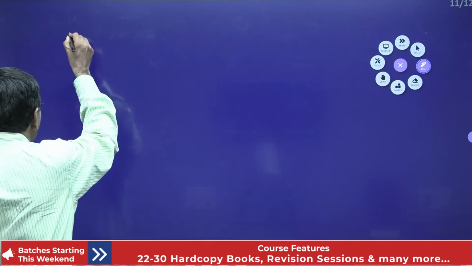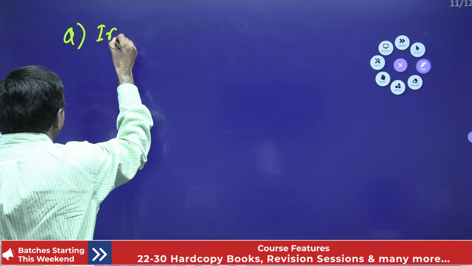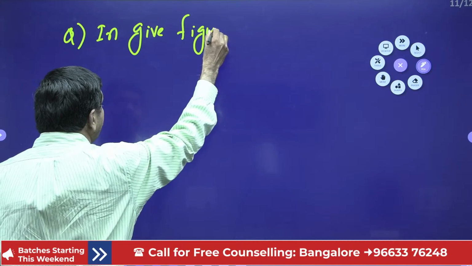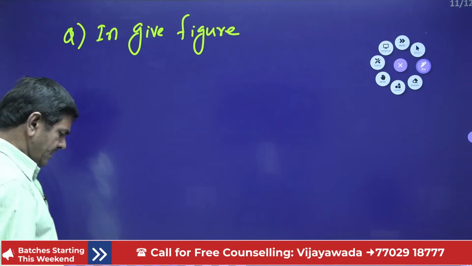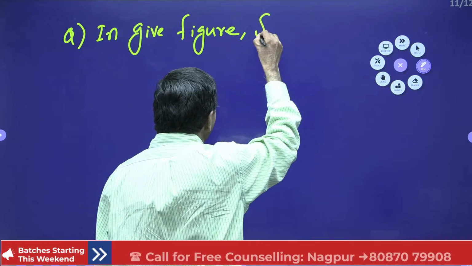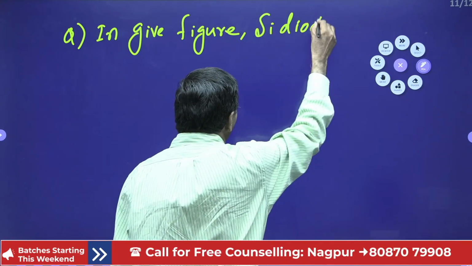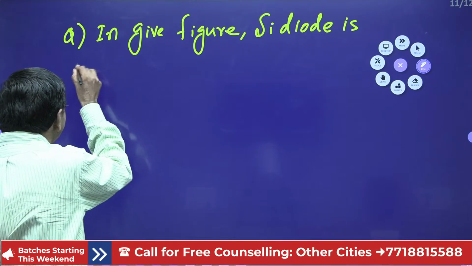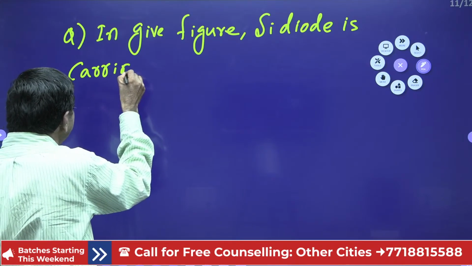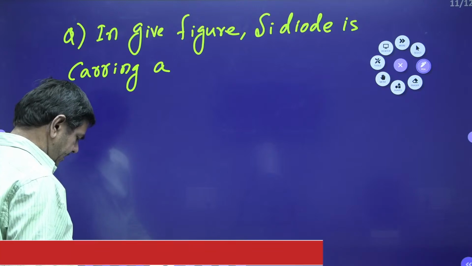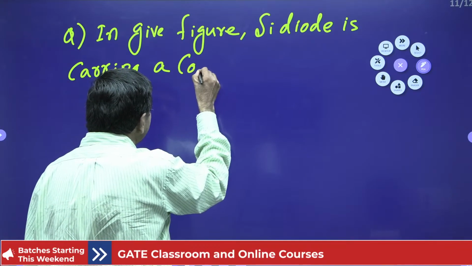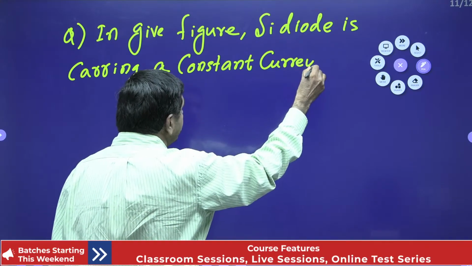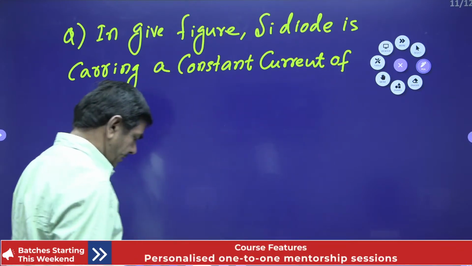In the given figure, a silicon diode is carrying a constant current of 1 milliampere.